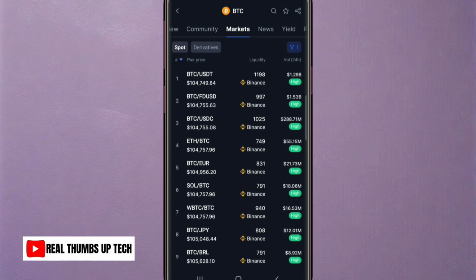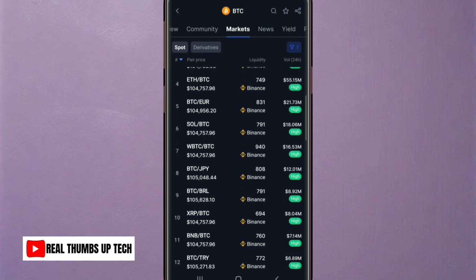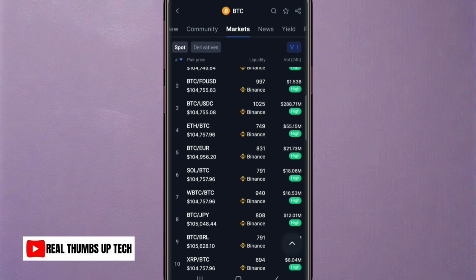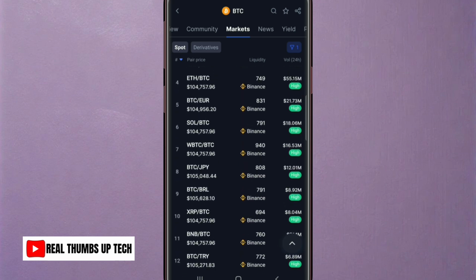So I can easily check out the prices and everything. Under here, you see that BTC is sold for $104,749.84. Okay, that is if you want to buy the pair with USDT. If you come down, you will see that here BTC is sold at 104,956.20.